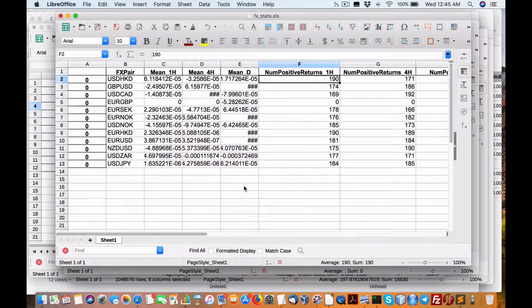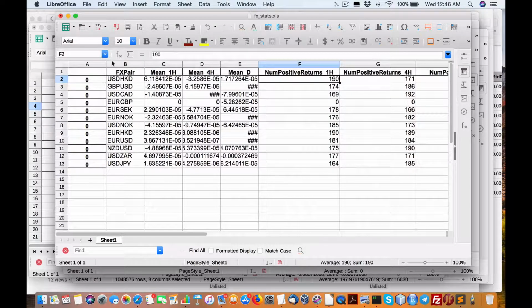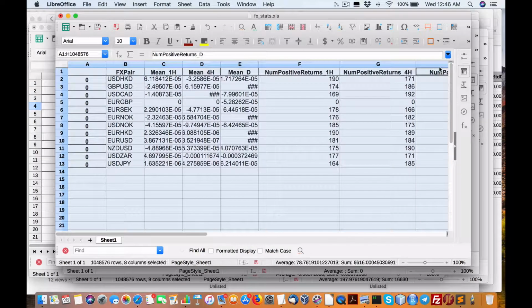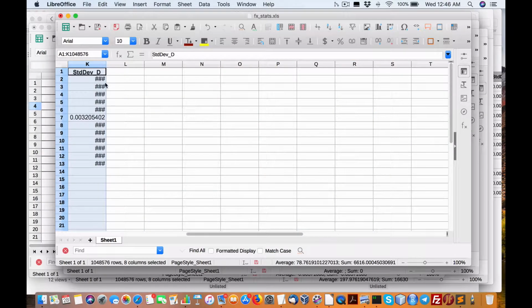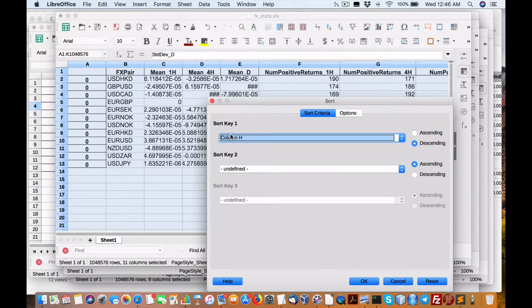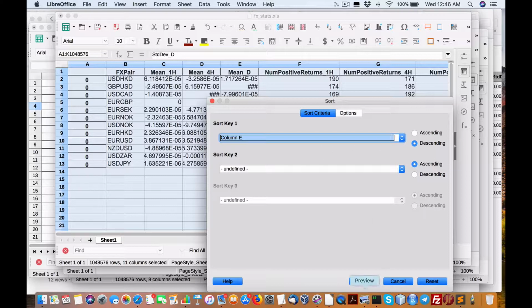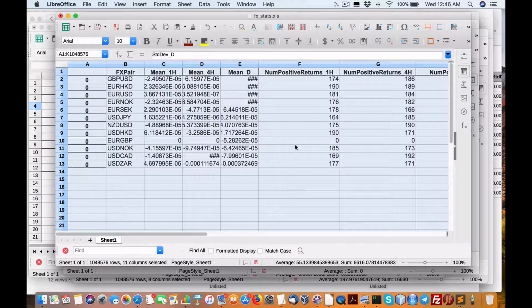So let's just check out the mean on the dailies. We need to do this on column E. I find this stuff very fascinating because it will tell you quite quickly if the theories are right or wrong.